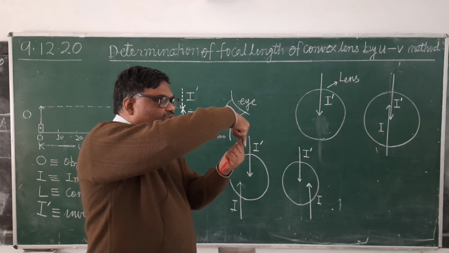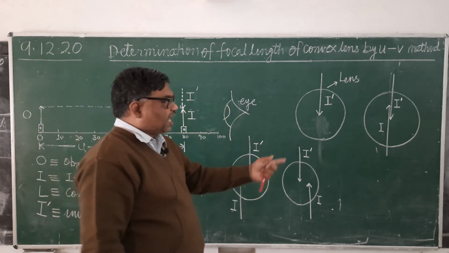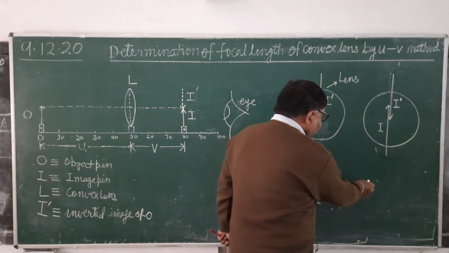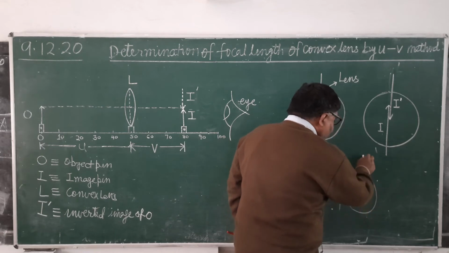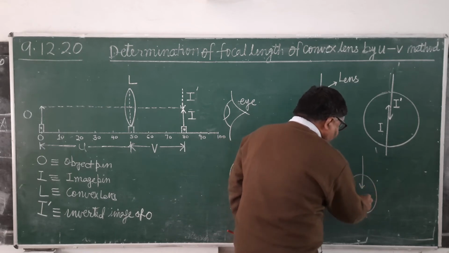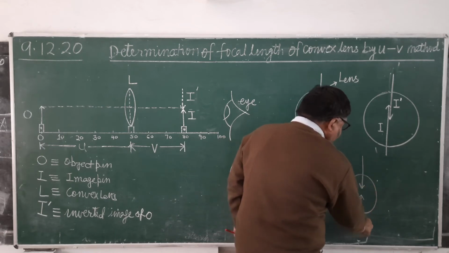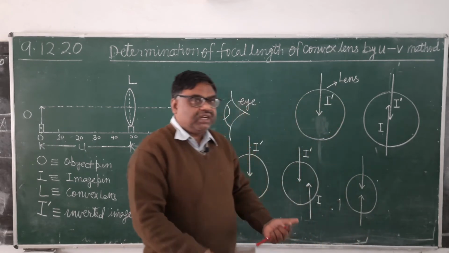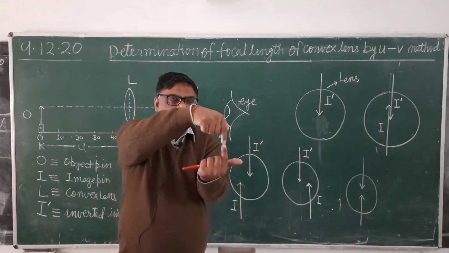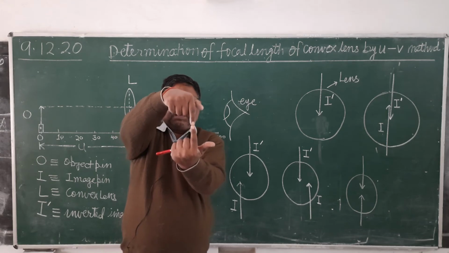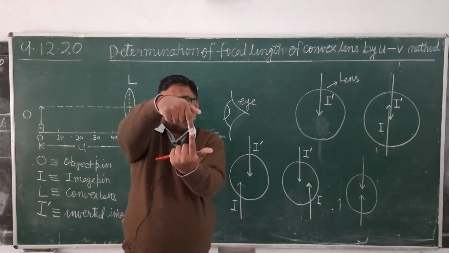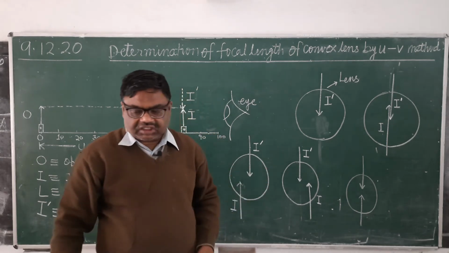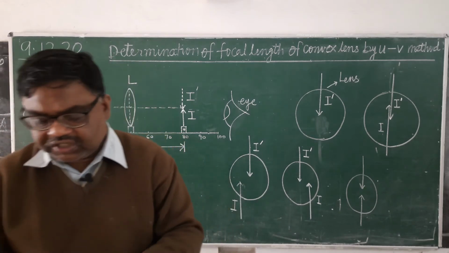If the tips are overlapping like this, or if the tips are at some separation, then you will bring them in tip to tip contact. Tip to tip contact, how will you establish? By adjusting the heights. How will you adjust the height?